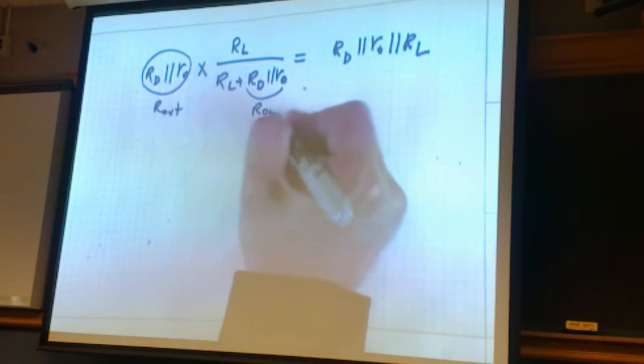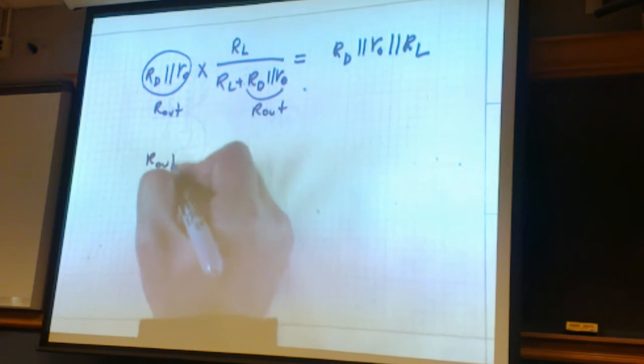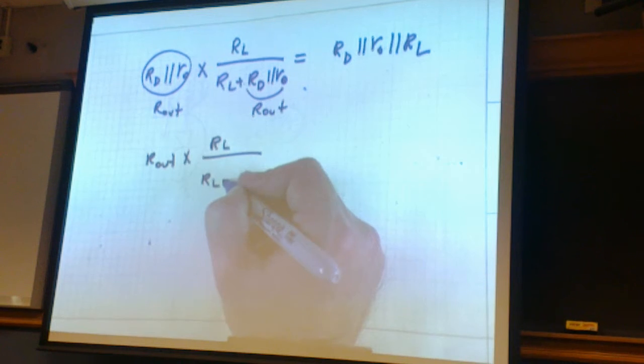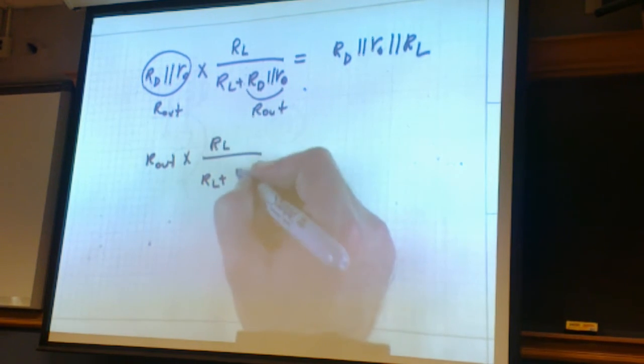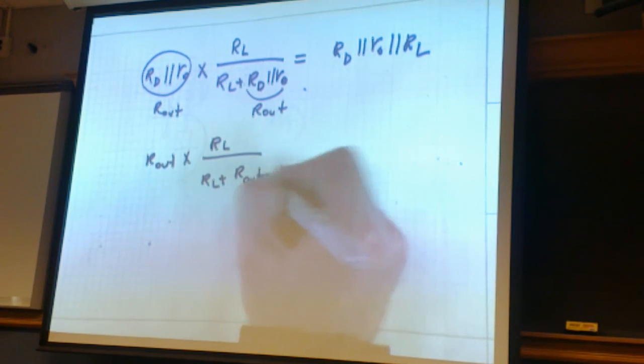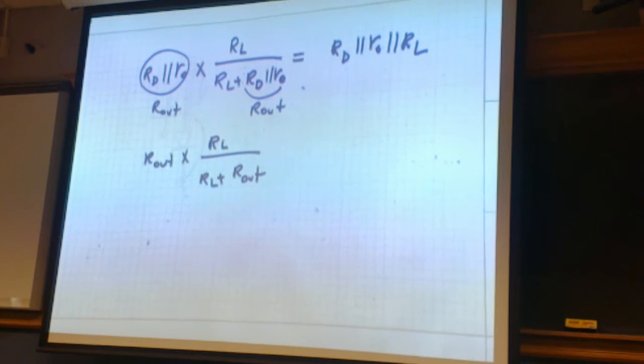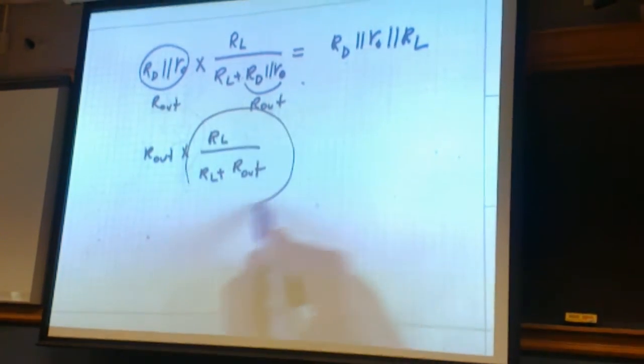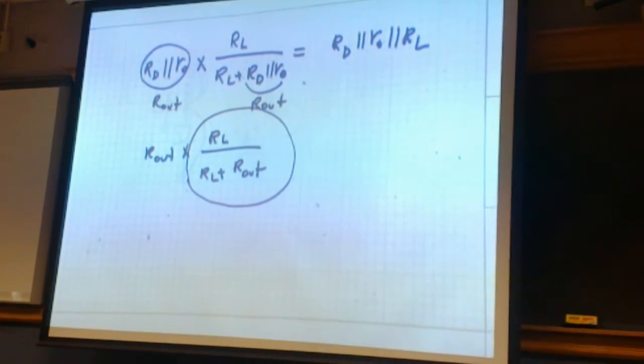So I'm using R out times RL, over RL plus R out. This part you see actually is the equation that came out here.